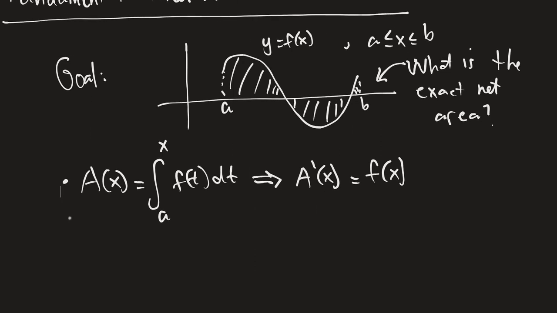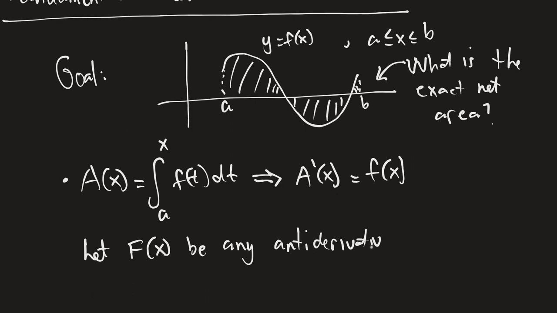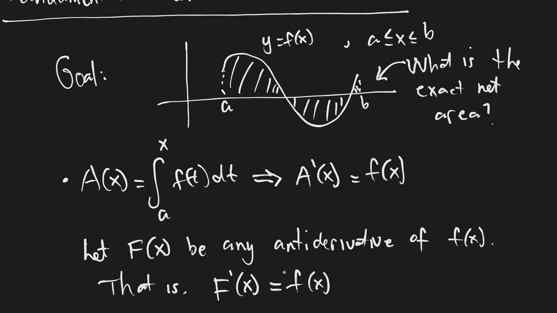So for our little f of x, let big F of x be any antiderivative of little f of x. We know how to find antiderivatives, so that is, F prime of x is equal to little f of x.